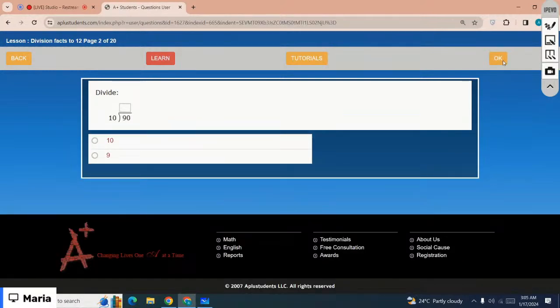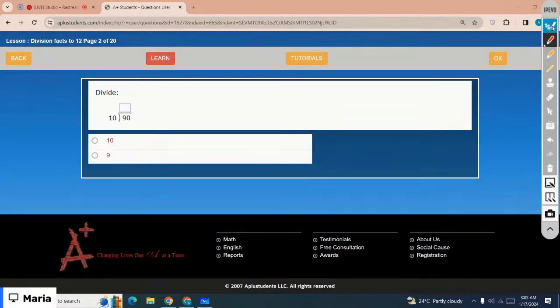Okay, the next one is 90 divided by 10. You need to count a table of 10 until 90. 10 times what number is 90? 10 times 9 is 90, right?